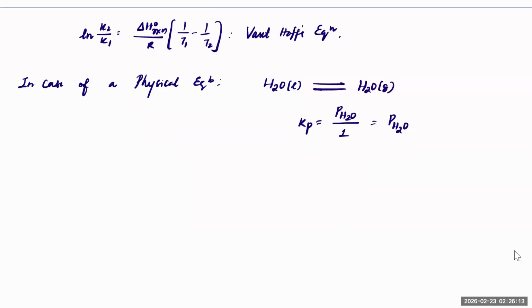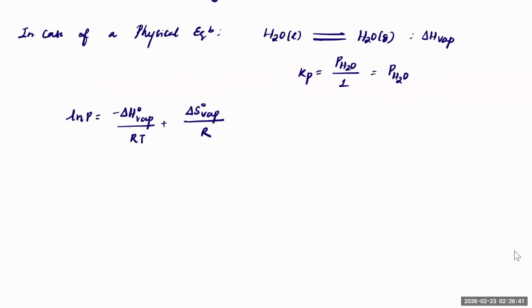So I will get ln P is equal to minus delta H naught of, what do we call the change when you have a phase change from liquid to gas? We call the heat required vaporization. So minus delta H of vaporization by RT plus delta S naught of vaporization by R. This is the general equation.